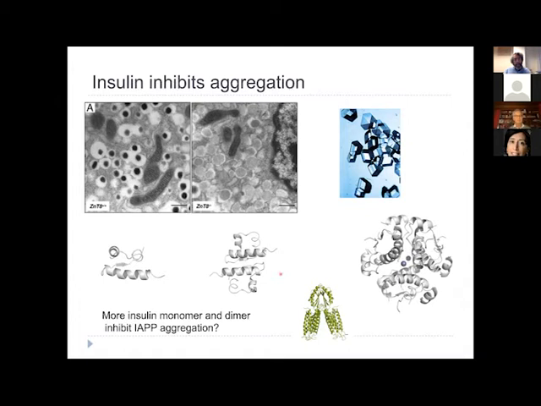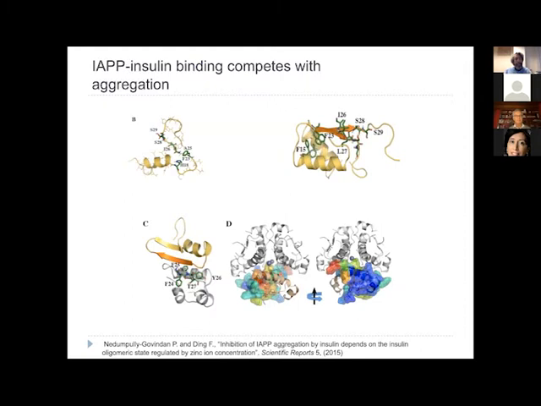And so the question is, maybe the oligomer equilibrium might have an impact on IAPP aggregation. First, we looked into the binding between insulin and IAPP.